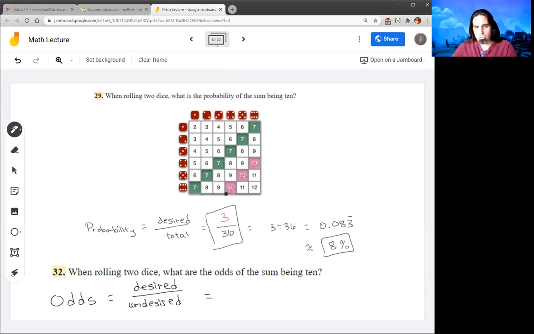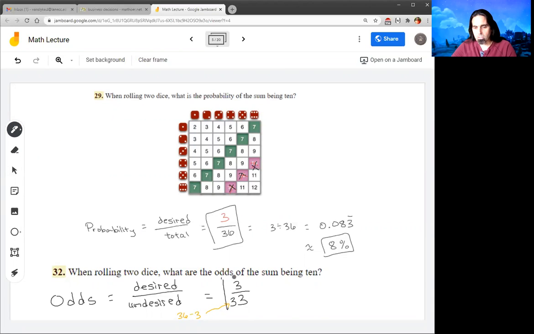So the desired ones are 3, those 3 pinks, 1, 2, 3. How many of the 36 are not pink? That would be 33 of them. Take all 36, remove the 3 that were pink, and get 33 left over.